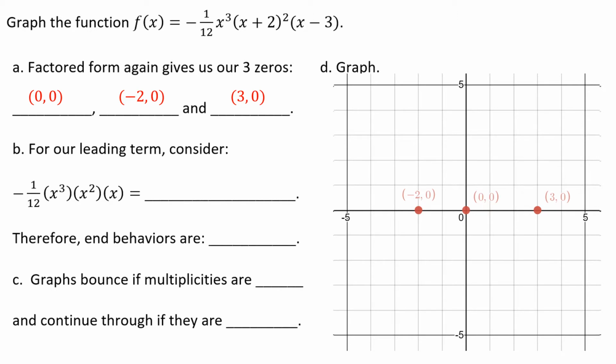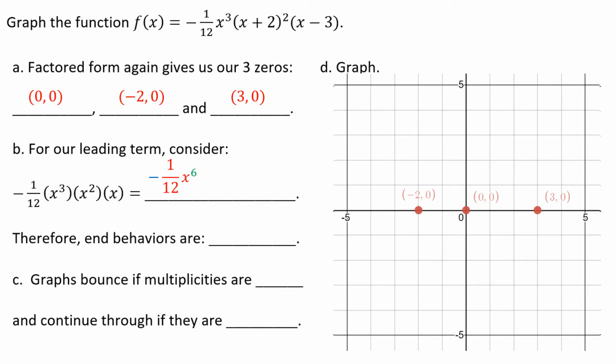And we can multiply out x plus 2 times itself, and we can multiply times x minus 3 and distribute the -1/12. But if we are just looking for the leading term, we can multiply -1/12 times x cubed times x squared times x. When we multiply the variables with different exponents, we add those together, and so we should wind up with -1/12 x to the 6th.